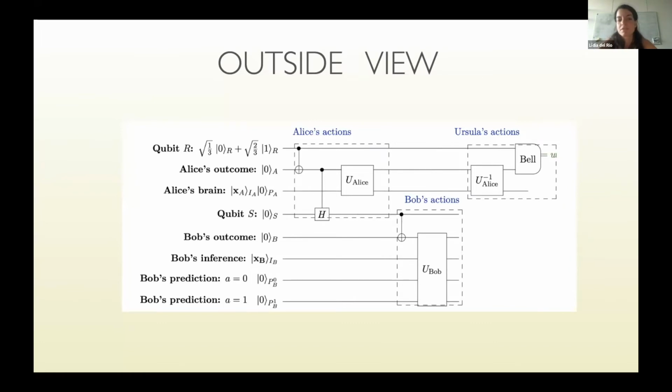We don't know what the initial state of the brain is because we don't know what Alice is thinking about, but we know that she'll make some predictions and she has some beliefs. And we know that she'll apply some unitary. Then comes Bob. Bob will measure this S qubit, which is again C0. And again, he does some reasoning based on his initial belief, which here is still called inference. We'll change that. And he'll make some predictions.